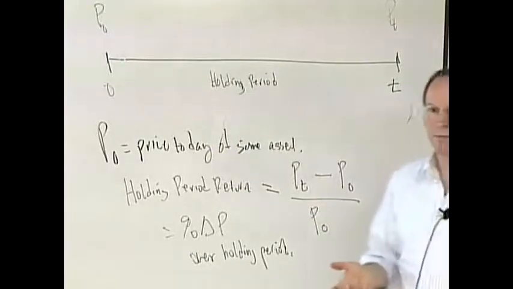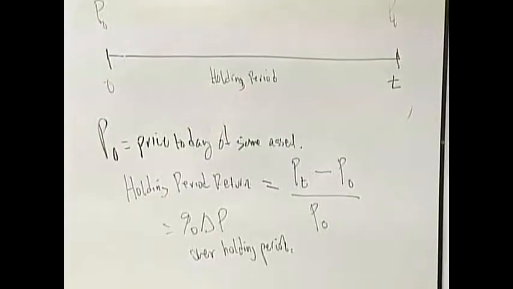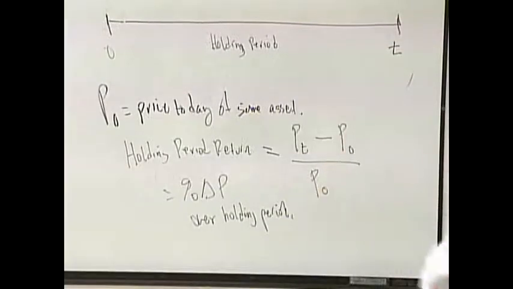Now, very often holding periods are some standardized period, like 1 month or 1 year, and so on. In principle, the holding period could be 6 days, 7 hours, and 20 minutes, and 6 seconds, right? But for our purposes, we're going to consider pretty regular holding periods.